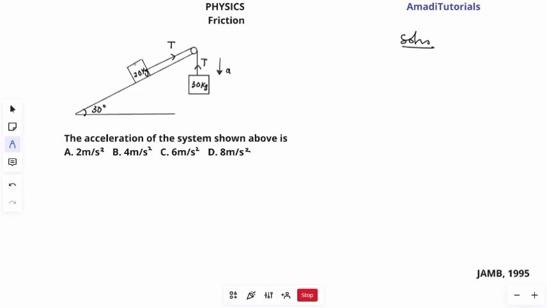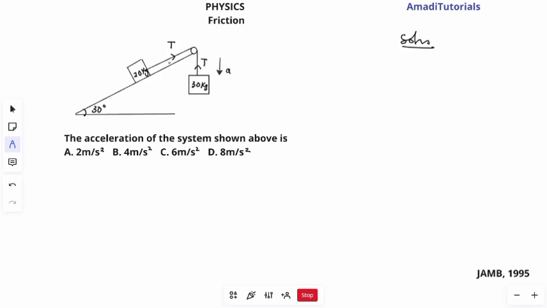This block of mass 20 kg is on an inclined plane, inclined at an angle of 30 degrees, and there is a pulley here which connects it to another block of mass that is suspended vertically.